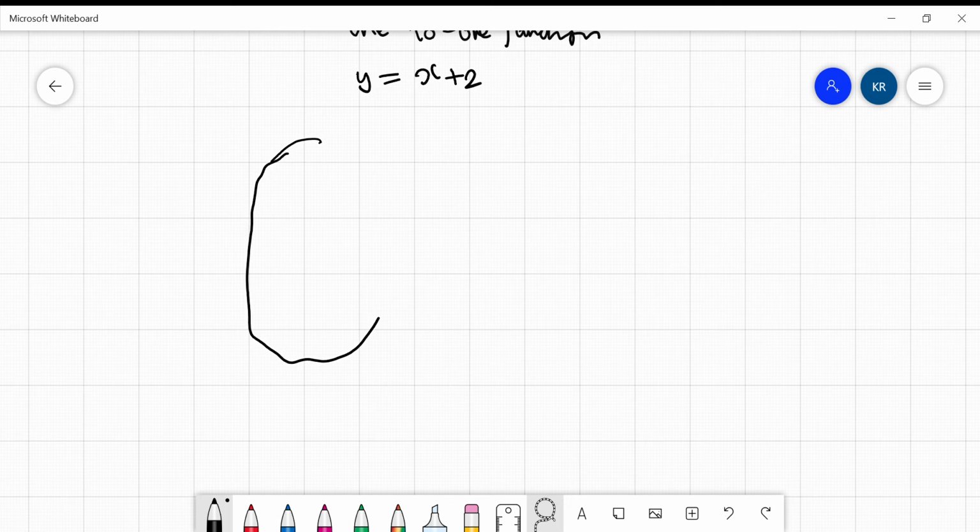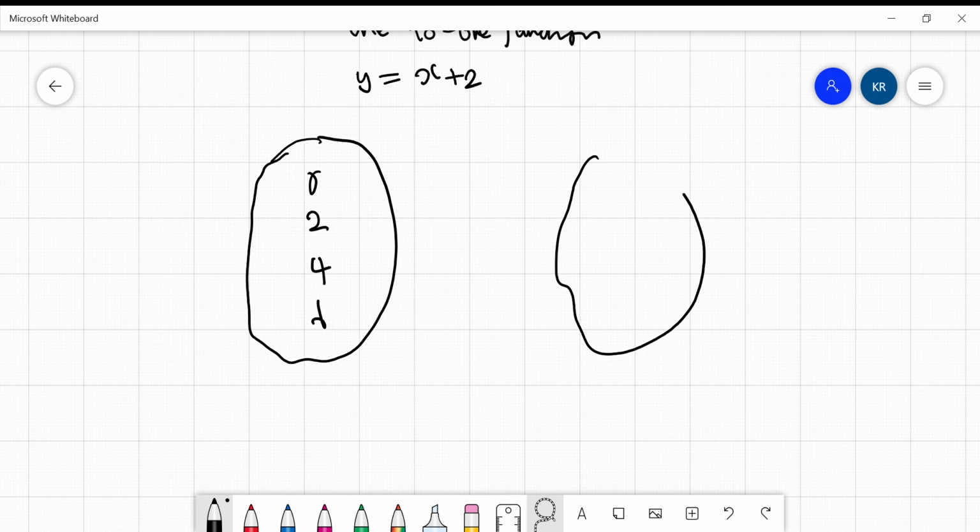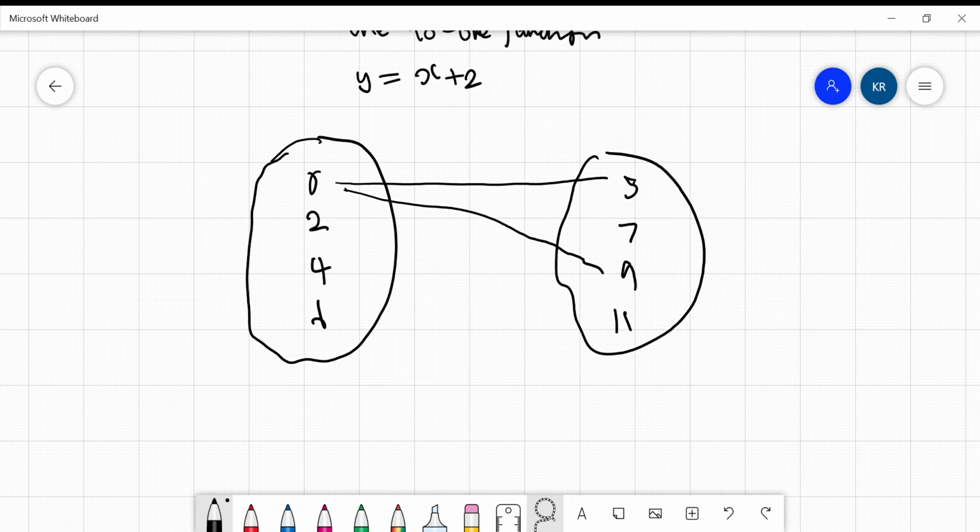So you can't have a scenario where, suppose I have 0, 2, 4, 6, and 5, 7, 9, 11, and you have a scenario like this where 0 is mapped into both 5 and 9.